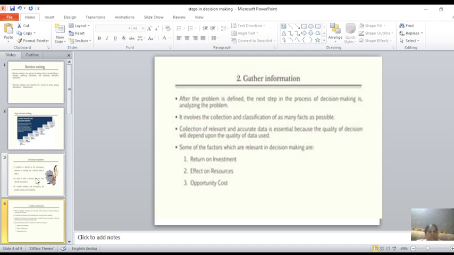Collection of relevant and accurate data is essential because the quality of the decision will depend upon the quality of data used. Decision making depends on some factors. What are those factors? For example, return on investment, effect on resources and opportunity cost.